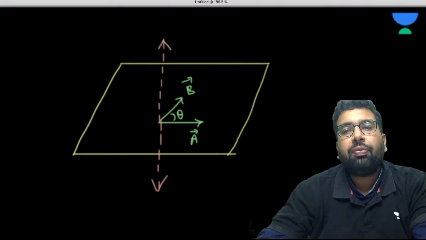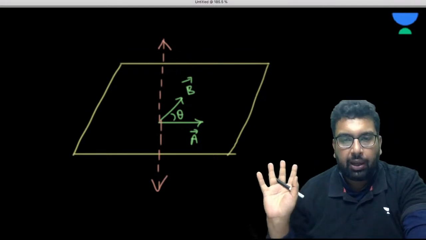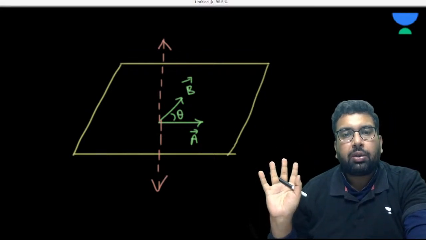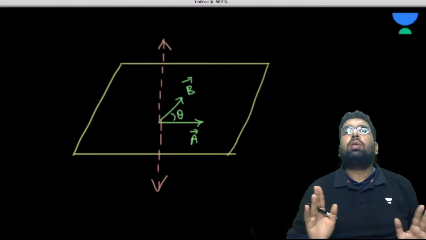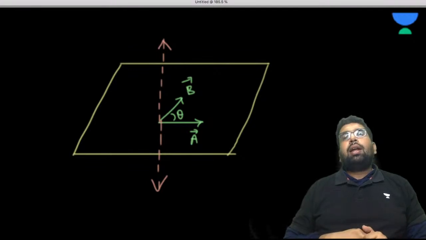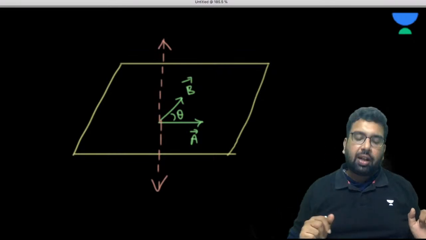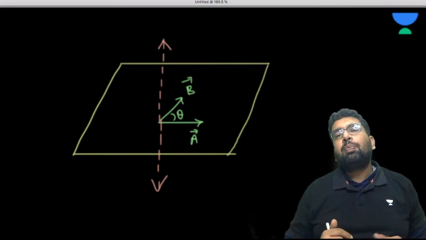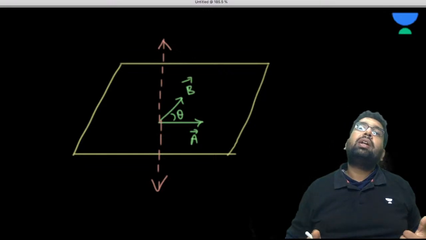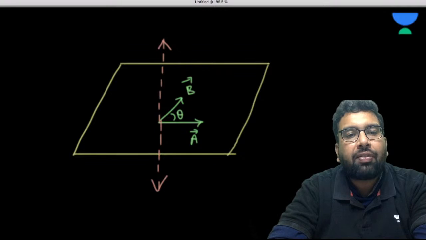Definitely we understand that the direction of A cross B would be either upwards or downwards, because the vector has to be perpendicular to the plane carrying A vector and B vector, right? Now the problem is how we come to know whether it is upward or downward.